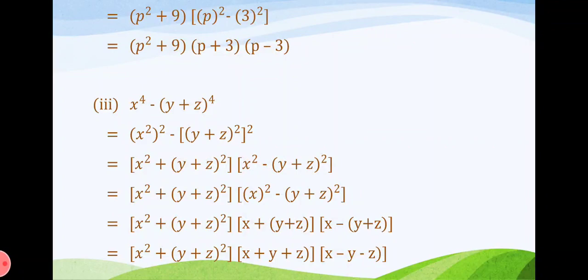Next, question number 4. x⁴ − (x − z)⁴. Similar question to question number 3, but what difference is there between both the questions? In question number 3, the second term had different variables which were not matching with the first term.